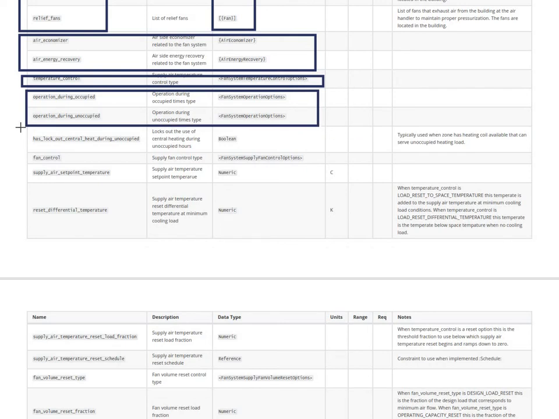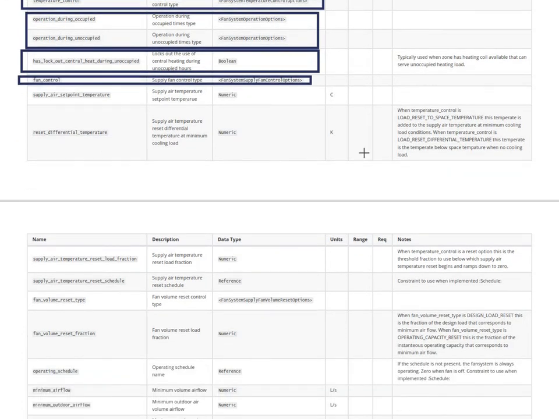Has lockout central heat during unoccupied is typically used when a zone has a heating coil available to it and there's no central heating that can occur. There are some requirements like that in certain rule sets, so that's either true or false. Fan control is another enumeration.